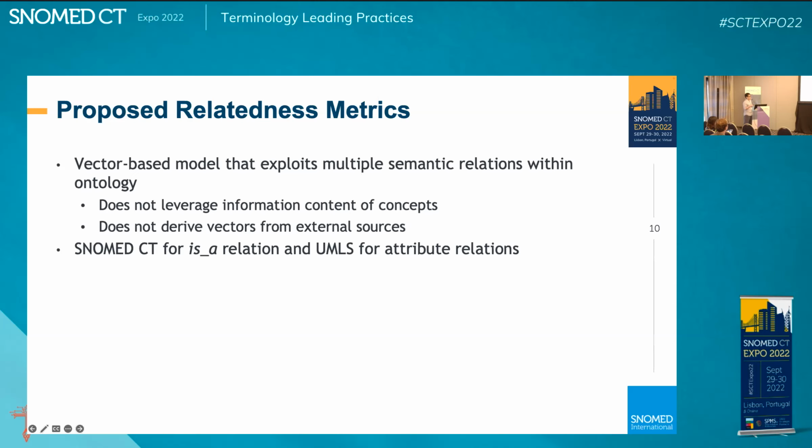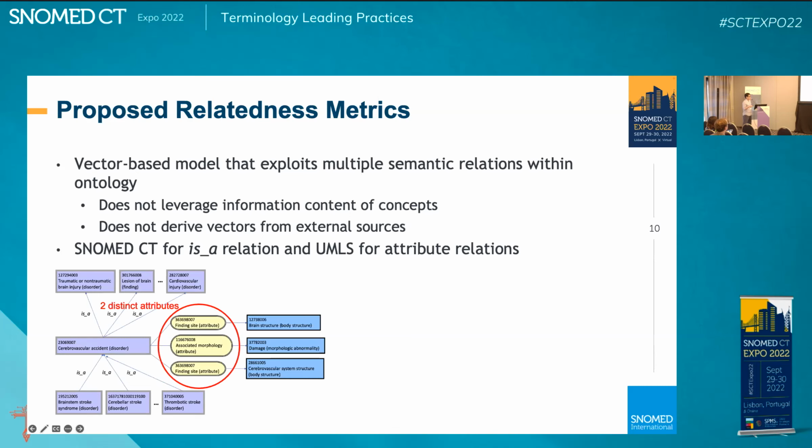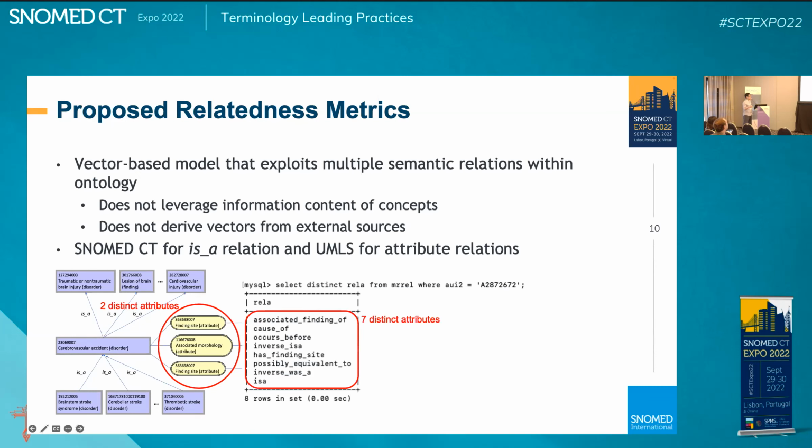And we adopted the UMLS to represent attribute relations because UMLS provides even more attribute relations than SNOMED CT. For example, the SNOMED CT concept cerebrovascular accident has two distinct attributes and three attribute value relations in SNOMED CT, but UMLS provides 7 distinct attributes and over 200 attribute value pairs for the same defining concept.